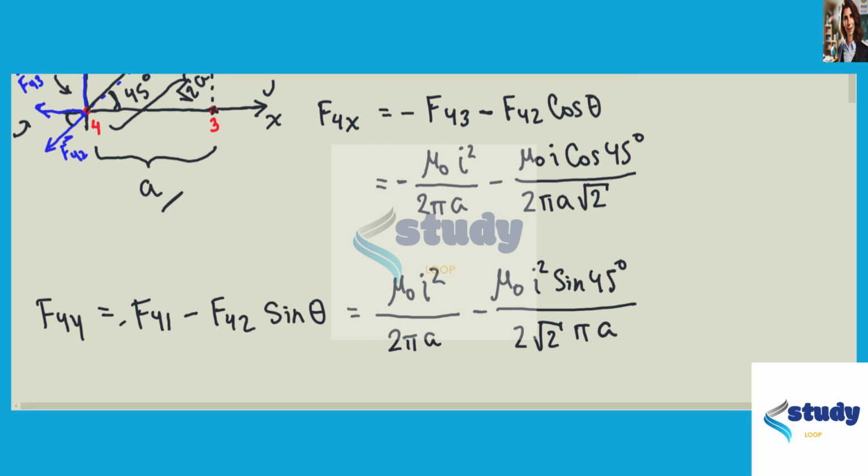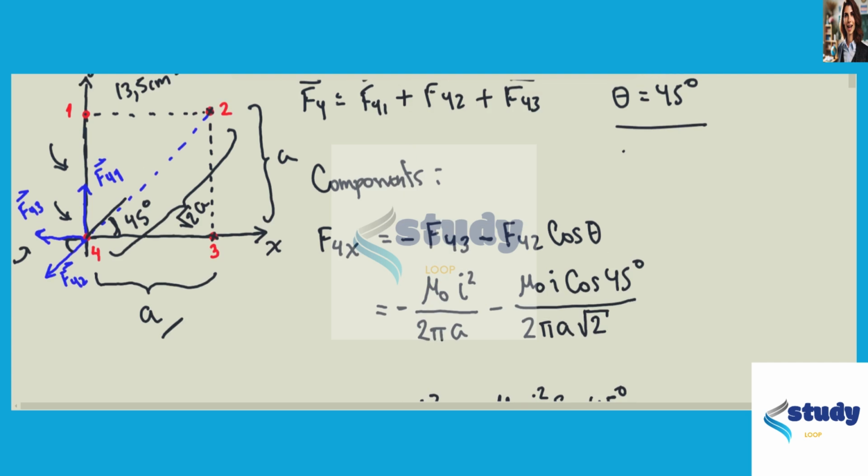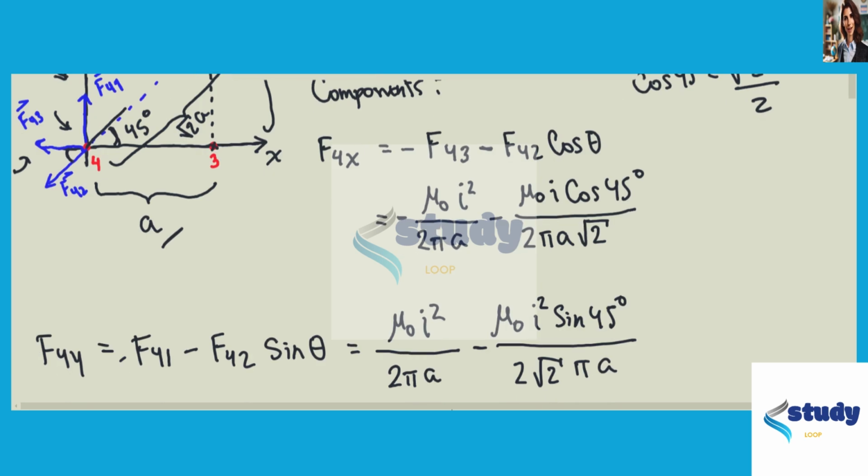Oh, we can simplify these two expressions indeed. And in here we know that cosine of 45 is the square root of 2 over 2. So we can see that we are going to obtain, if we just put the value in here, 4√2/2.